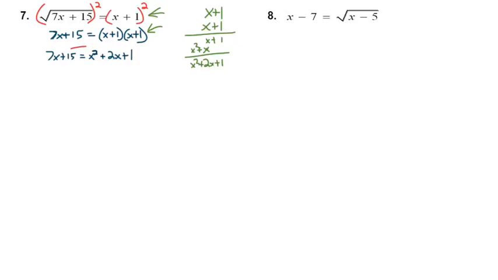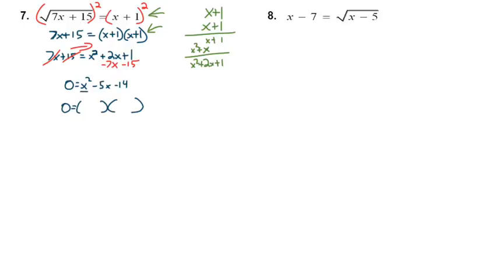I'm going to move everything right in this case because I like it when my x squared is positive. I just find I make fewer dumb mistakes when my leading coefficient is positive. So we got 0 equals x squared minus, oh, not 6, 5x minus 14. And thankfully this one is factorable.